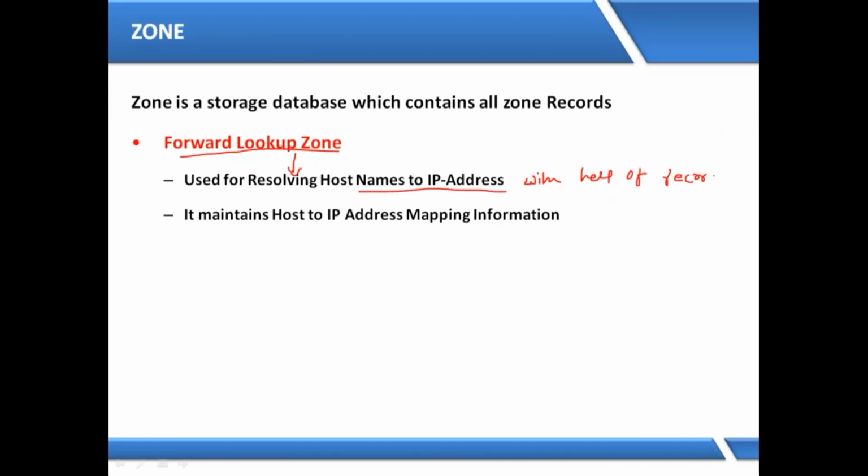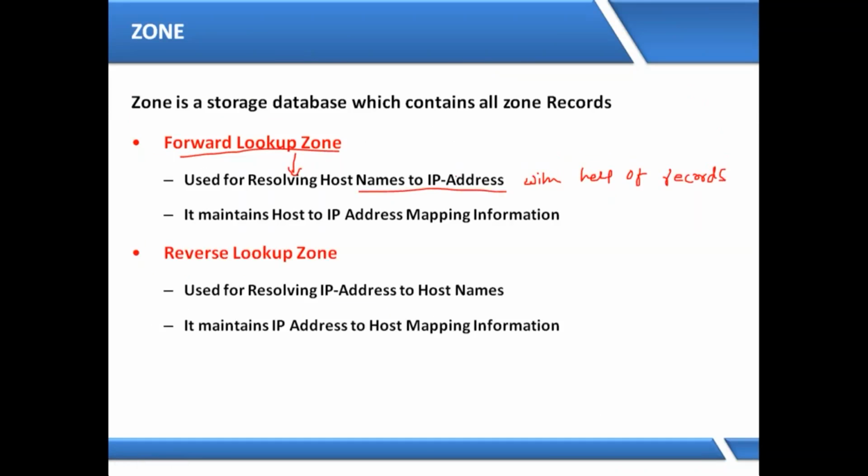In the same way, the reverse lookup zone will also resolve IP to name, and this is also done with the help of records. So the working of the forward lookup zone and reverse lookup zone depends on records.